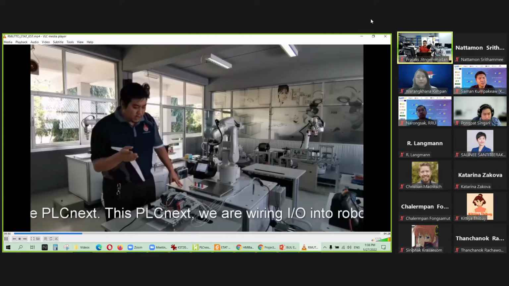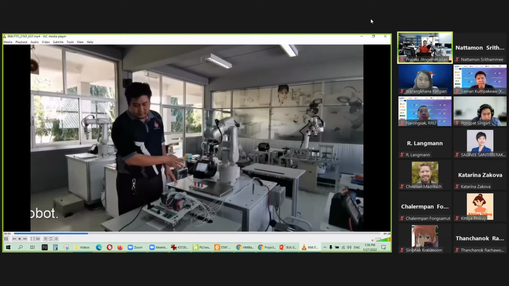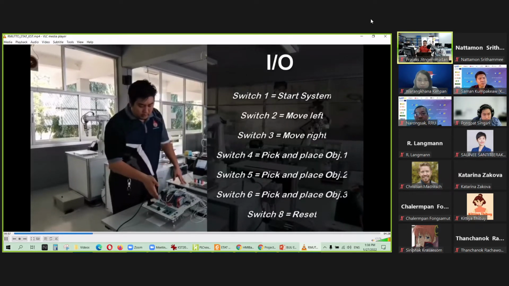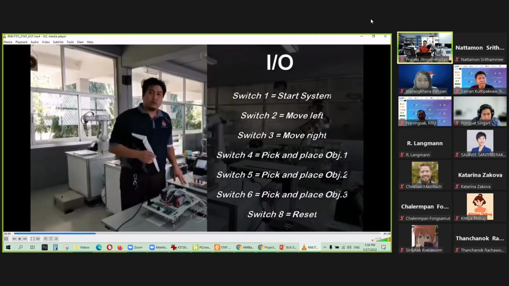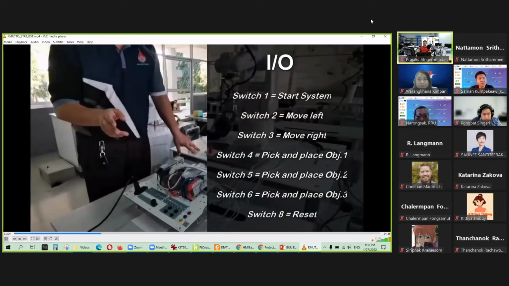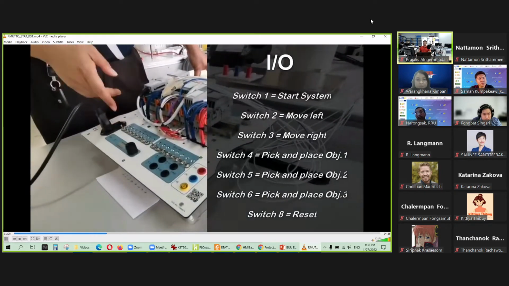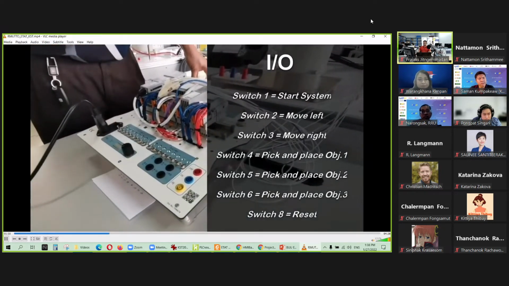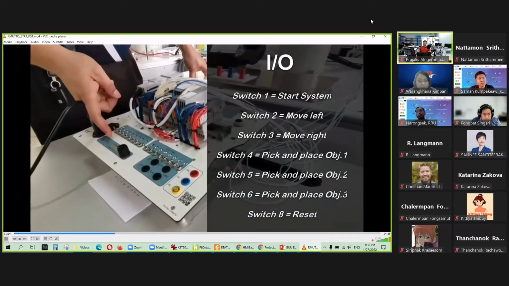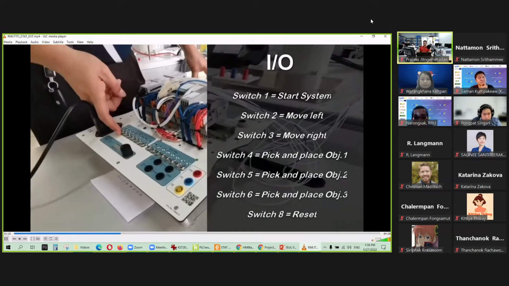With this PLC Next we are wiring I/O into the robot. We use switch 1 to switch 8 to control the robot. Switch 1 is used to start the system. If we do not open switch 1, it can't control anything in the robot.